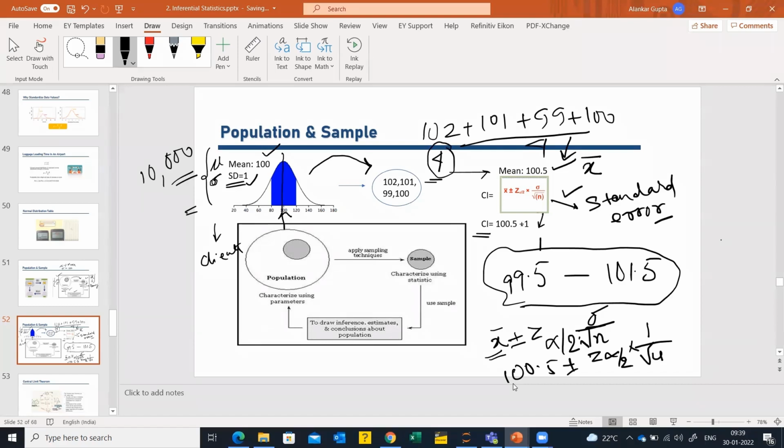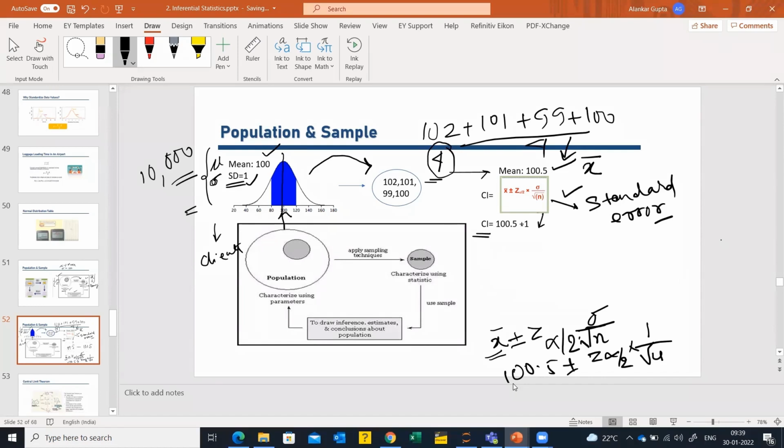So now you can say that this will be 100.5 plus or minus Z alpha by 2 divided by 2. After looking into the Z score chart, we concluded that the entire value is going to be 1.